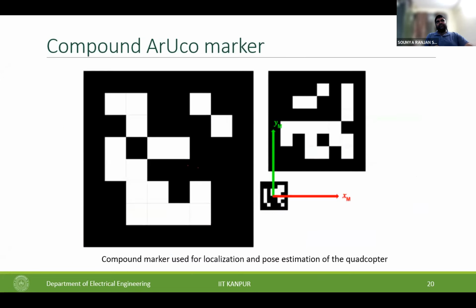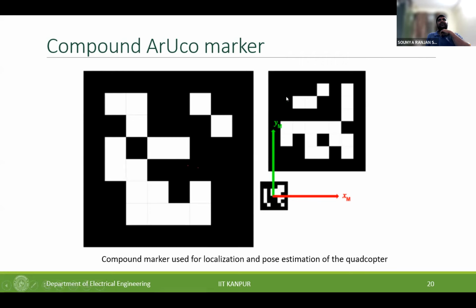On the moving platform, we used a compound ArUco marker. There are various ways of compounding ArUco markers. One compounding that we have done is using three ArUco markers placed side by side. The first ArUco marker is something that would be clearly visible from a good height. Then as it starts landing, this first marker will not be completely in its view.